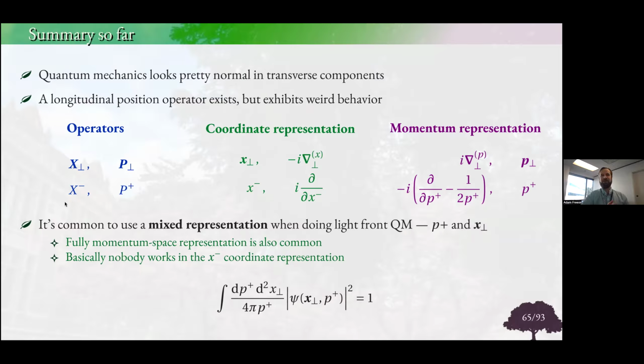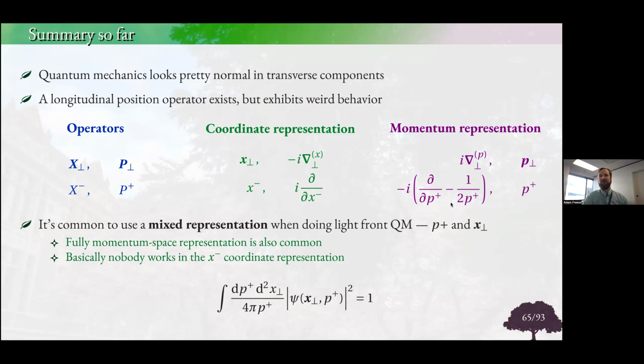Things get a little bit wonky when you look at the longitudinal component, and this is basically a consequence of the fact that there's a 1 over p plus in your Lorentz invariant momentum integrals. In your coordinate representation, things look pretty normal. Your p plus becomes a derivative with respect to x minus, but with a plus i rather than a minus i, basically just because of the sign with which x minus appears in complex exponentials.